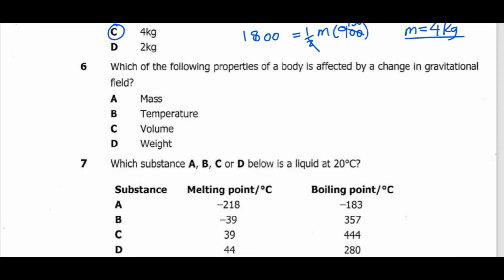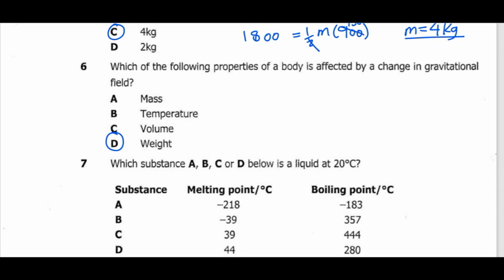Temperature is affected by the amount of energy applied to a given object. Then volume, this is just the total amount of space occupied by a substance. So the only property which can be affected by change in gravity is weight.